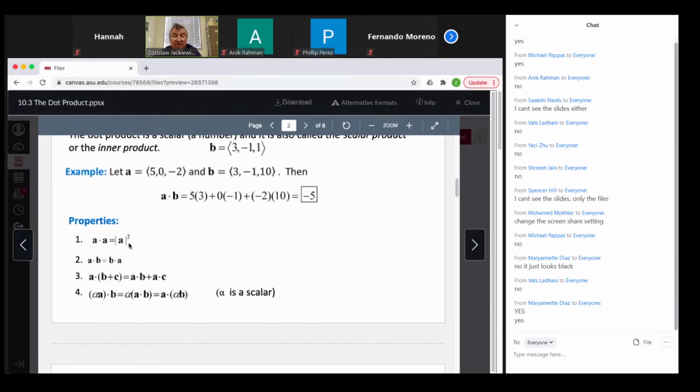We'll check it right away. You can compute dot product in any order. You can distribute dot product, so A dot (B plus C) is A dot B plus A dot C. And if you have a scalar, you can put it in any place, so (alpha A) dot B is the same as A dot (alpha B). You can put the scalar any place you want.